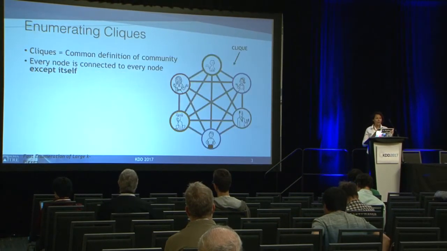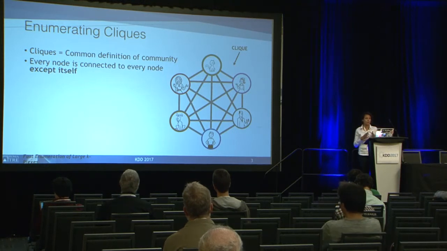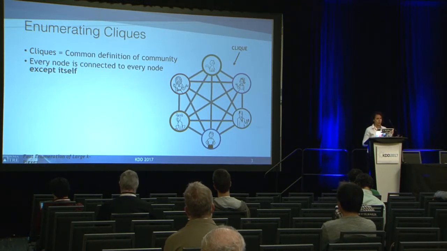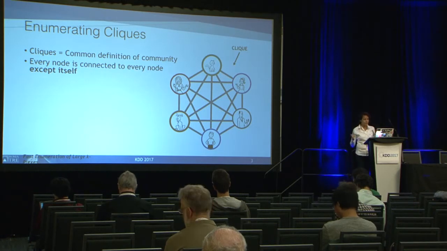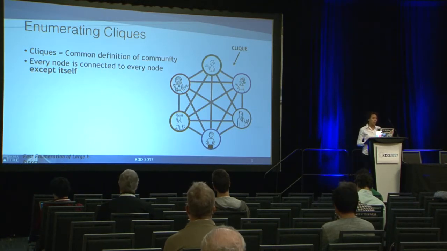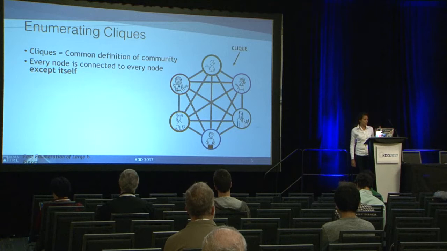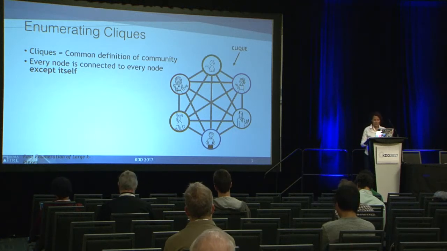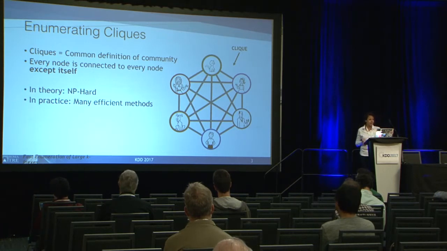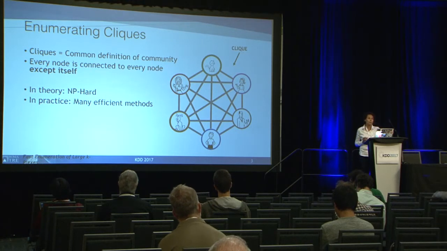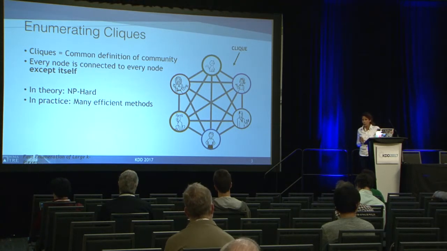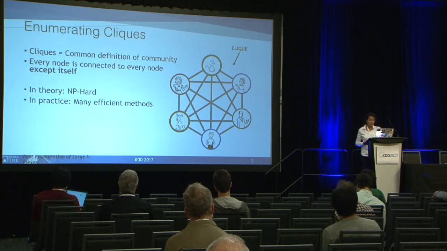Our first intuition is that enumerating cliques is a very common definition of community. Communities can have different definitions, and cliques are probably one of the most common. In a clique, every node is connected to every other node. In theory, the problem is NP-hard, but in practice, we do have many efficient methods for computing and enumerating cliques in real-world networks.